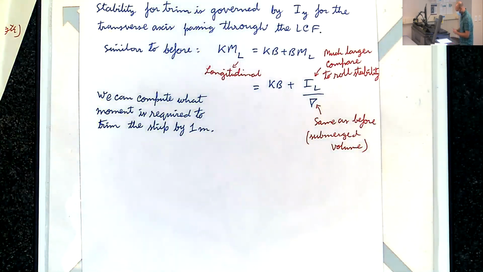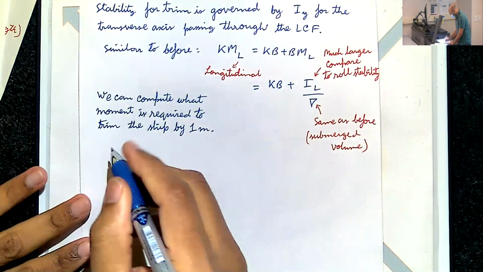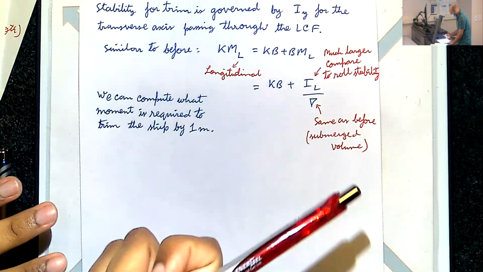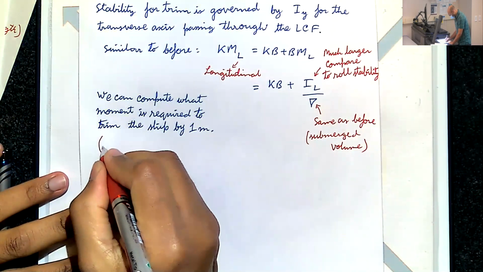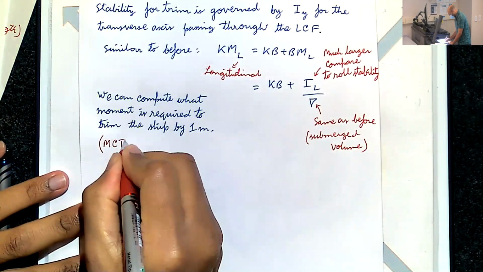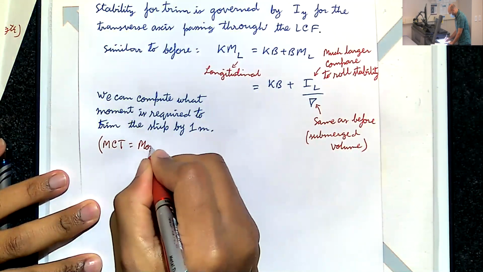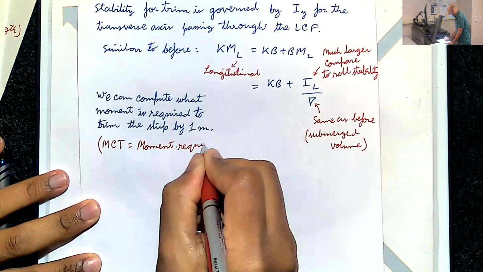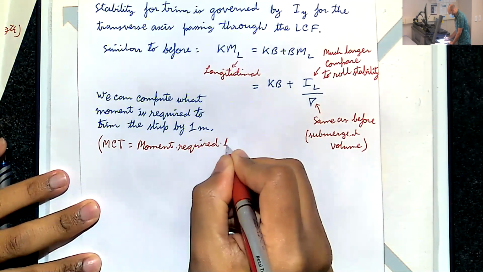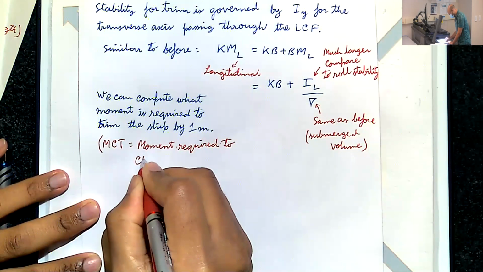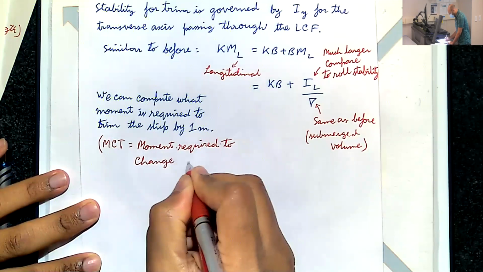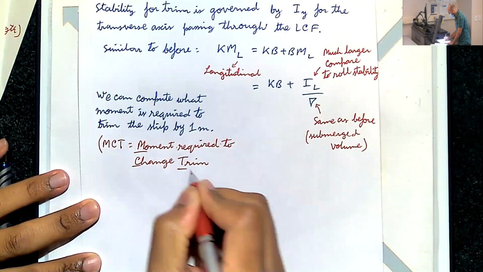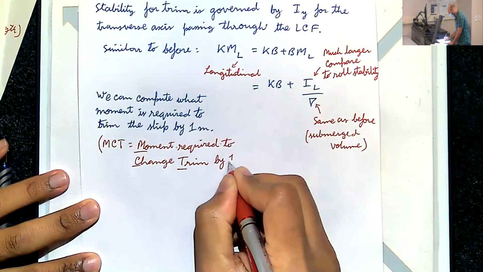Okay. So this moment, we call it MCT. It just means the moment required to change trim by 1 meter.